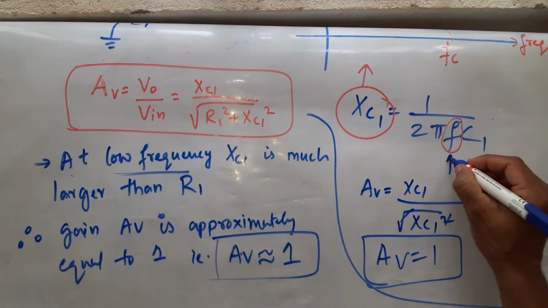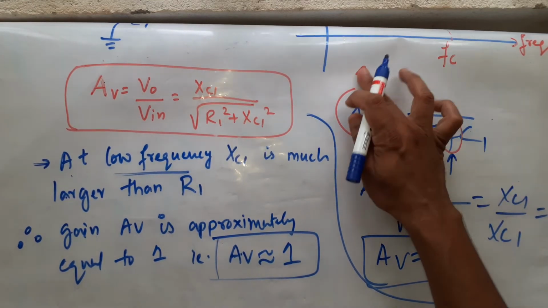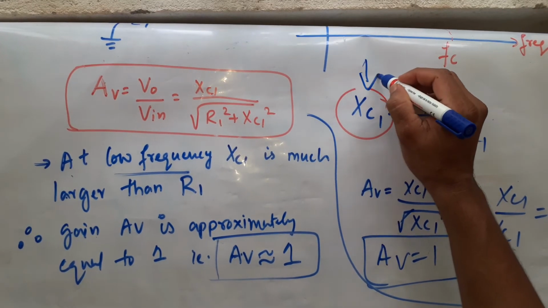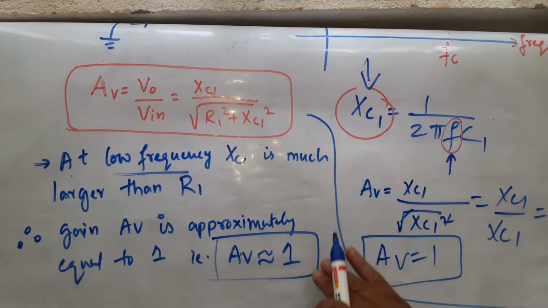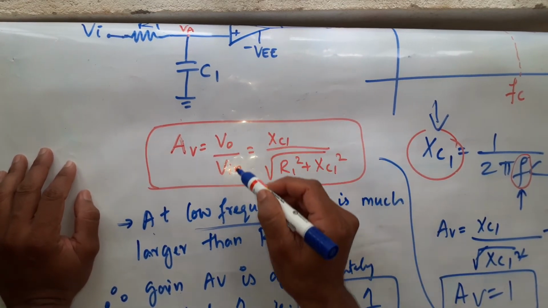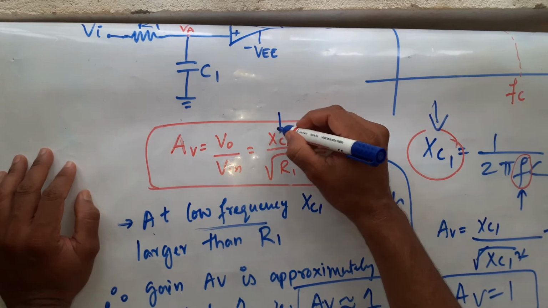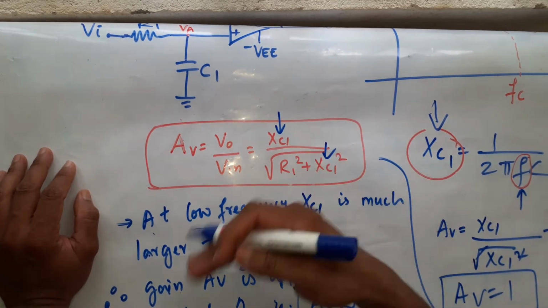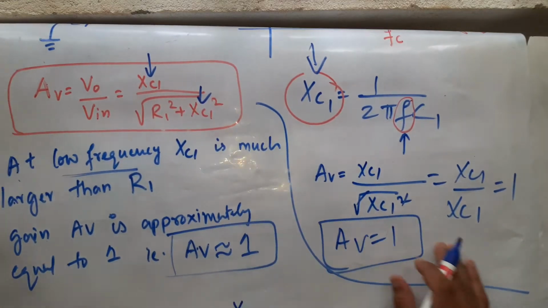If frequency increases, XC1 will decrease. If XC1 decreases, see this AV formula, when frequency increases, AV will decrease, right? So neglect this XC1. So what are you remained with?